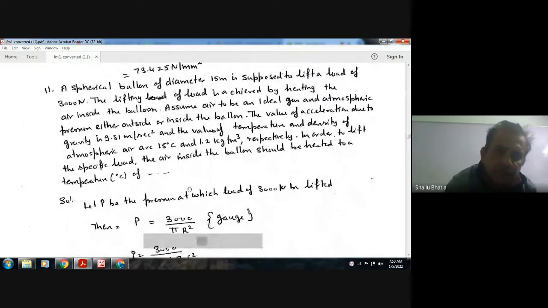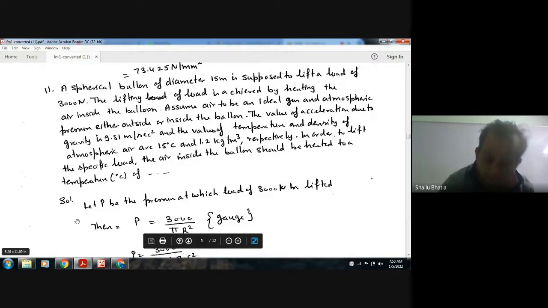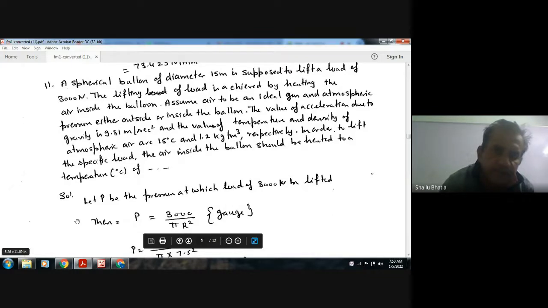A spherical balloon of diameter 15 meter is supposed to lift a load of 3000 newton. The lifting of the load is achieved by heating the air inside the balloon. Assume air to be an ideal gas and the pressure either outside or inside the balloon to be atmospheric.